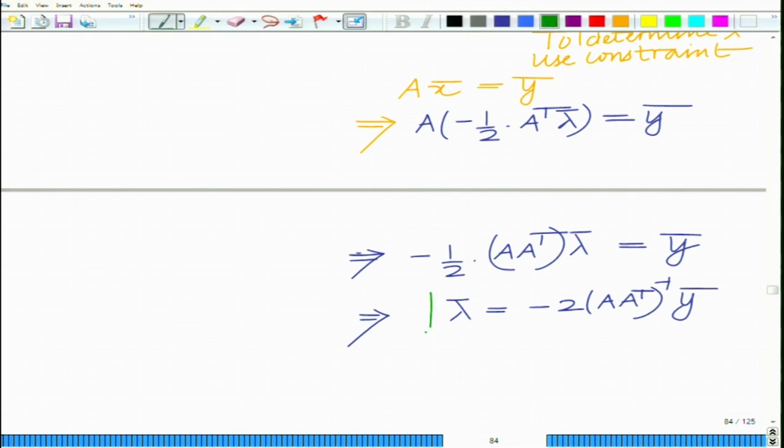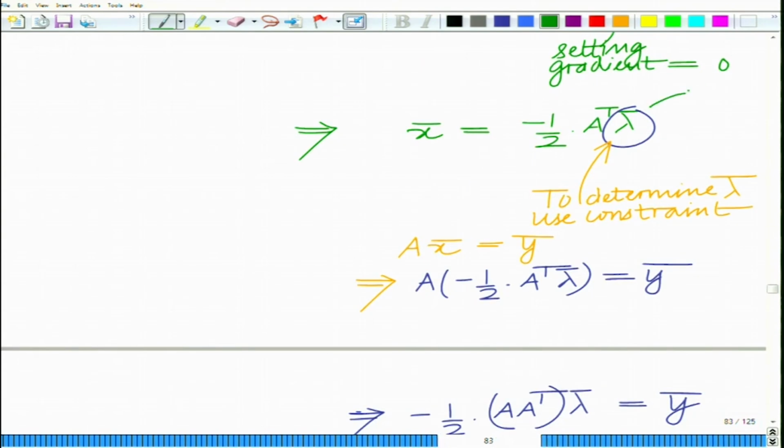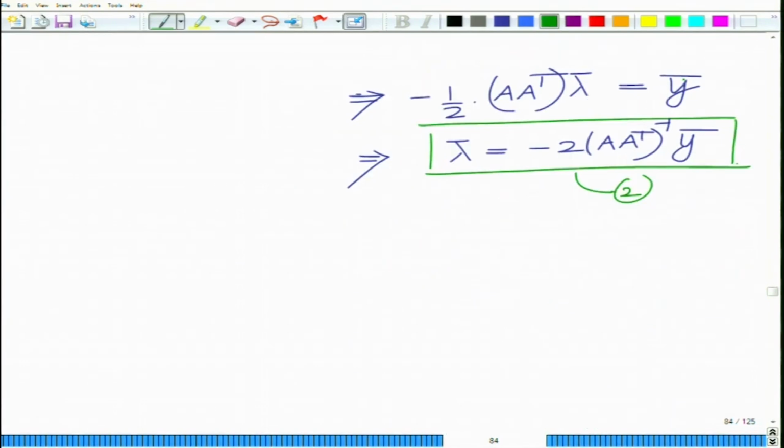If you call this 2 and the earlier expression 1, now what we are going to do is substitute lambda bar from 2 in 1.